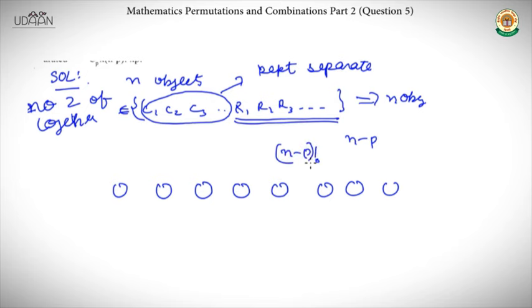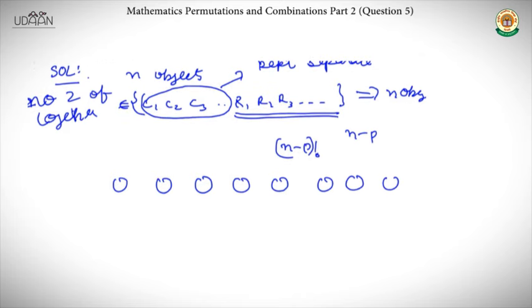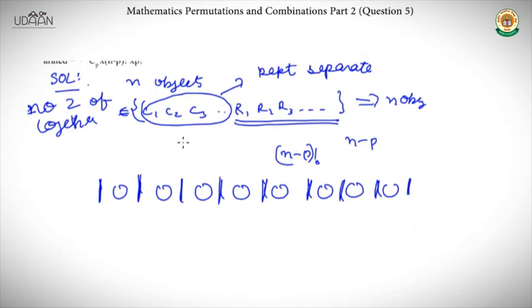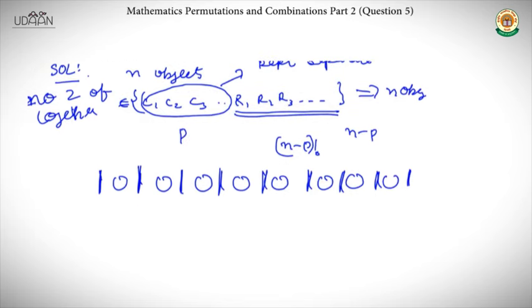And after arranging these, we are left with n minus p plus 1 spaces for the remaining p objects. For these p objects, we have to select places from the n minus p plus 1 places. The number of ways to select p places from n minus p plus 1 places is (n minus p plus 1) C p.